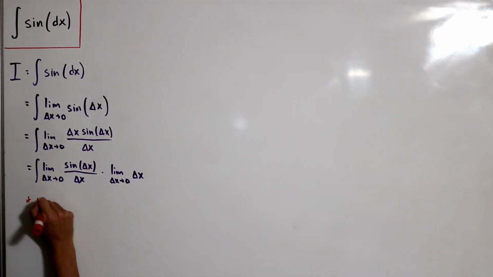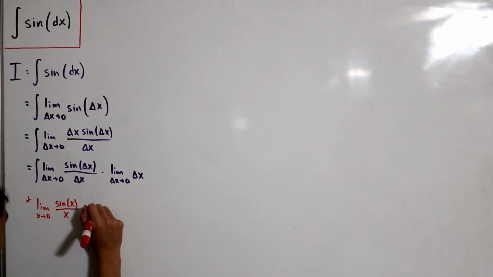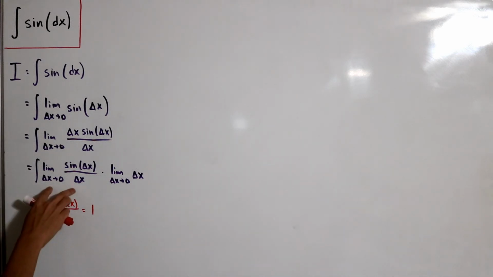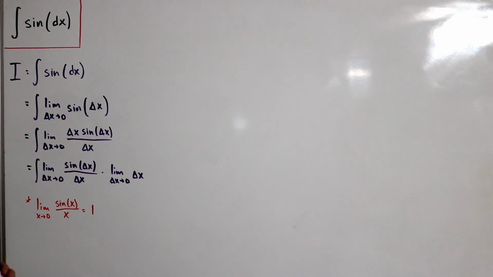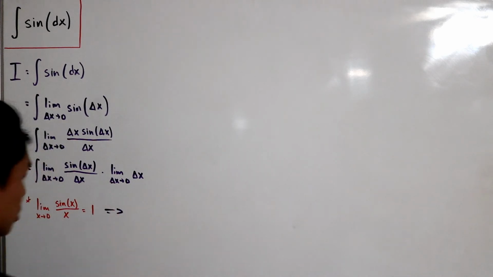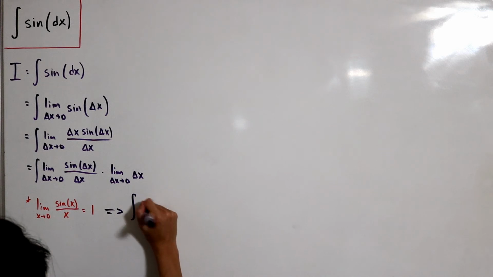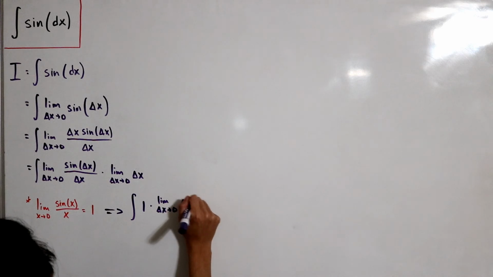But what's really neat is that we know the following fact for the limit: the limit as x approaches 0 of sine of x over x is equal to 1. So we can use this fact to say that this limit over here is just equal to 1. Now that we have the integral, it's 1 times the limit as delta x approaches 0 of delta x.